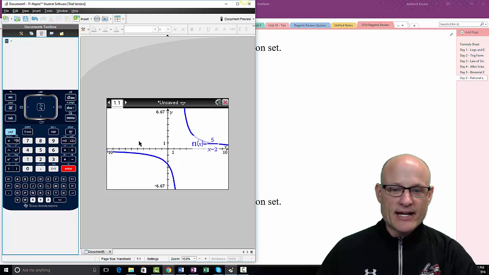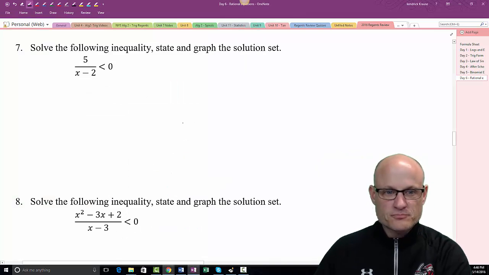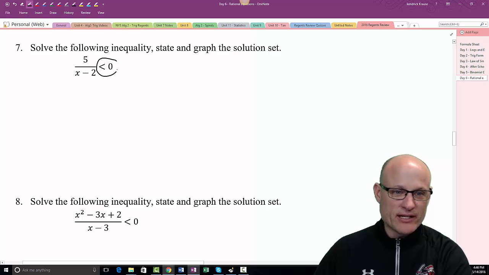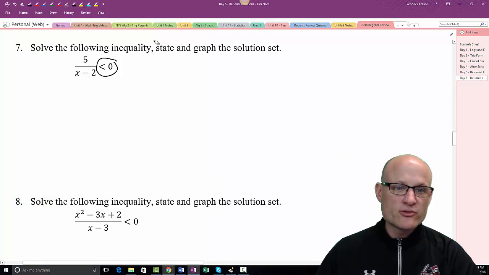And if I graph that, I can see exactly when it is negative. That's what this means, negative. It's negative all the way up to about 2. It looks like at about 2 we have an issue. And oh look, doesn't 2 make the denominator of this fraction undefined?